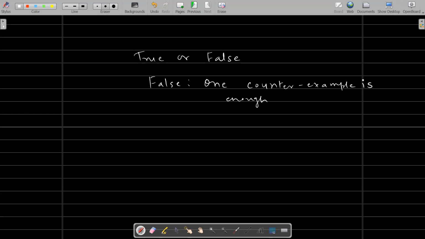So one example which does not satisfy the given property or given condition. Okay, and if it is true, we have to justify it. So justify logically. We have to prove it logically.